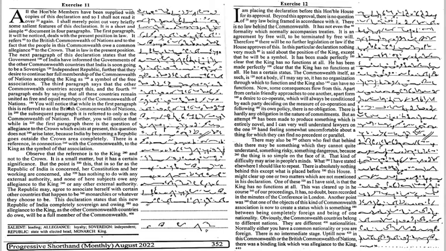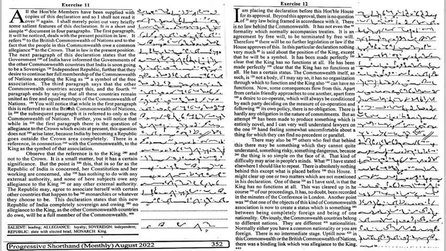The first paragraph, it will be noticed, deals with the present position in law. It refers to the British Commonwealth of Nations and to the fact that the people in this Commonwealth owe a common allegiance to the Crown. That is, law is the present position.